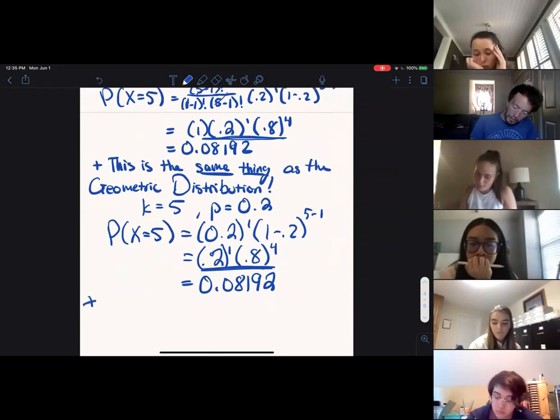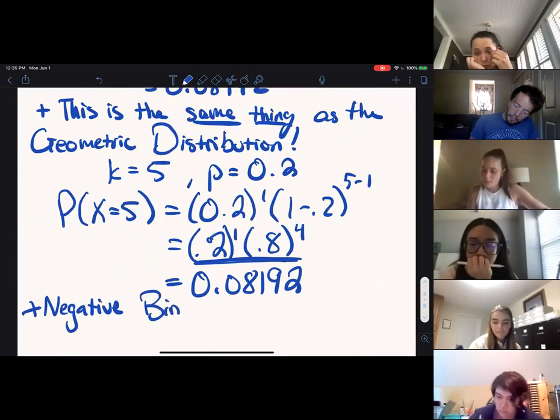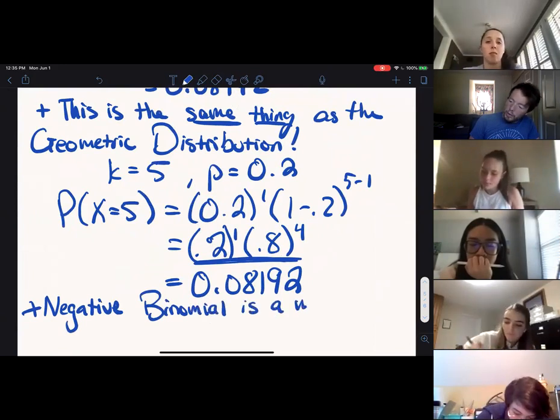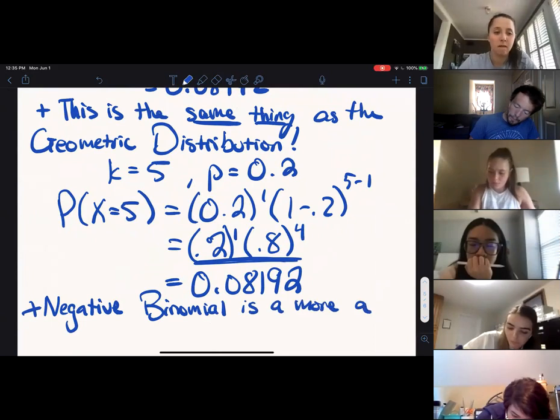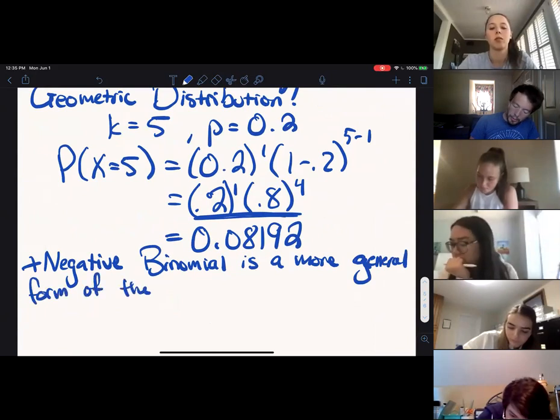So I'll write that out explicitly. The negative binomial is a more general form of the geometric.